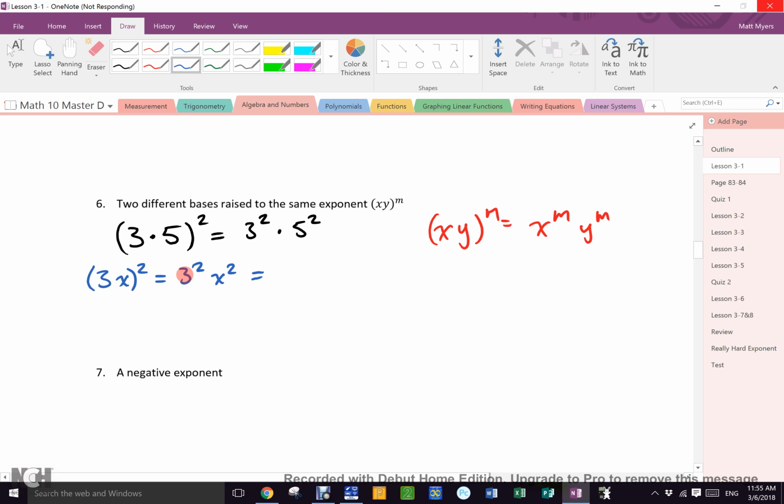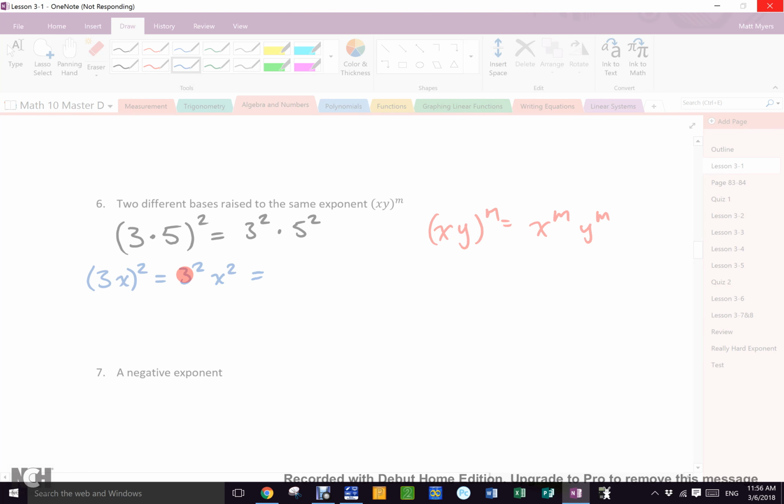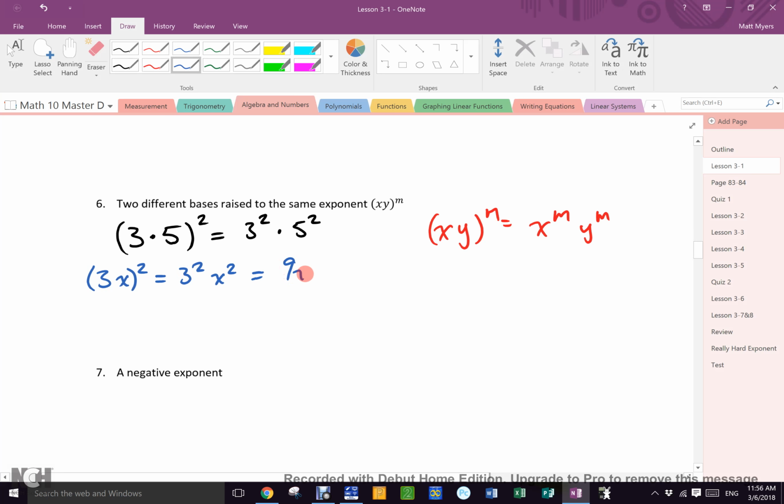It is 9. 9x squared. Everybody's cool? Okay. Follow along. Remember, these 7 things are all equally applicable to all exponent questions.